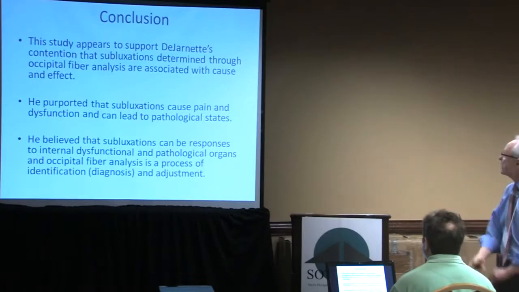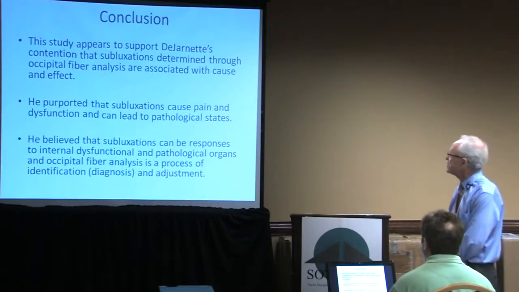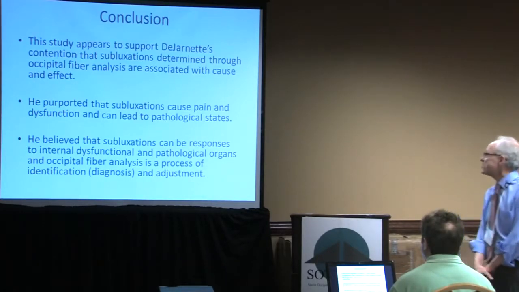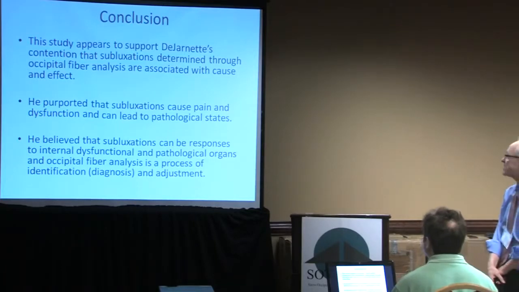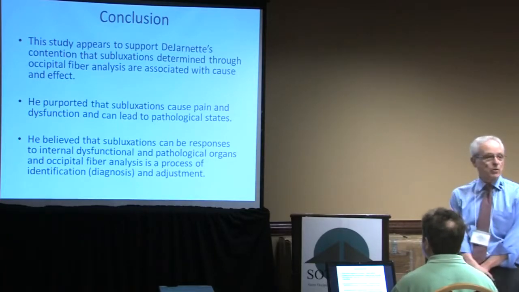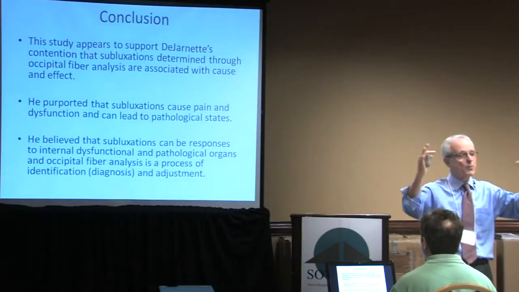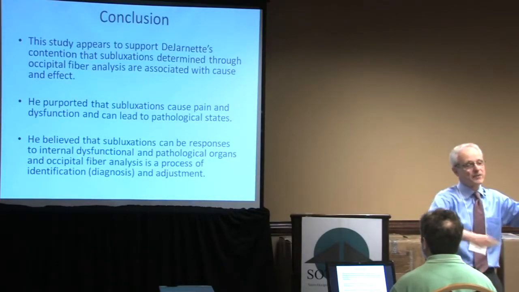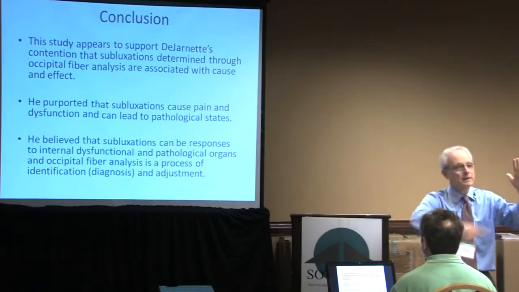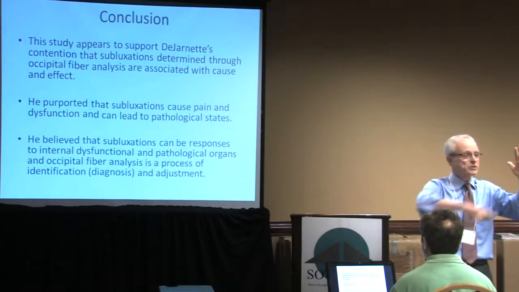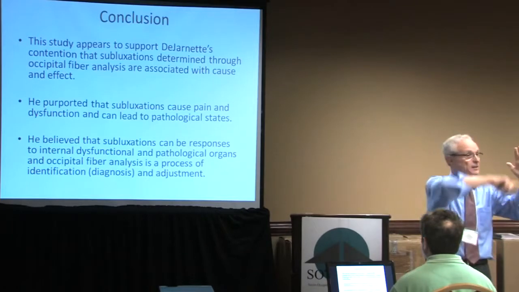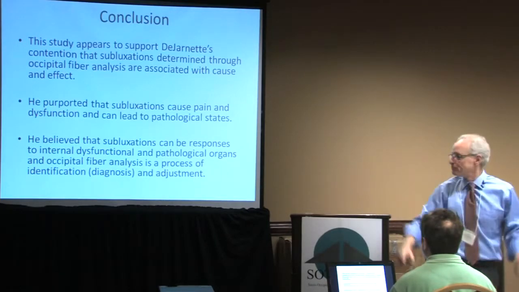This study appears to support DeJarnette's contention that subluxations determined through occipital fiber analysis are associated with cause and effect. Organ, spine, it's all part of a system. If you think of it as a feedback loop, where's the beginning, where's the end? There is none. It's all part of a system.